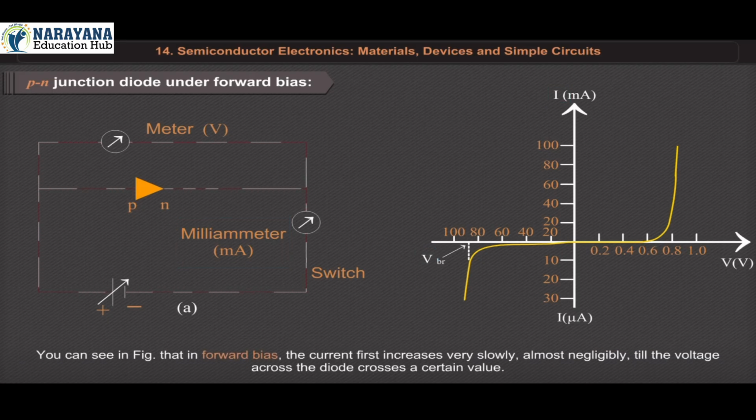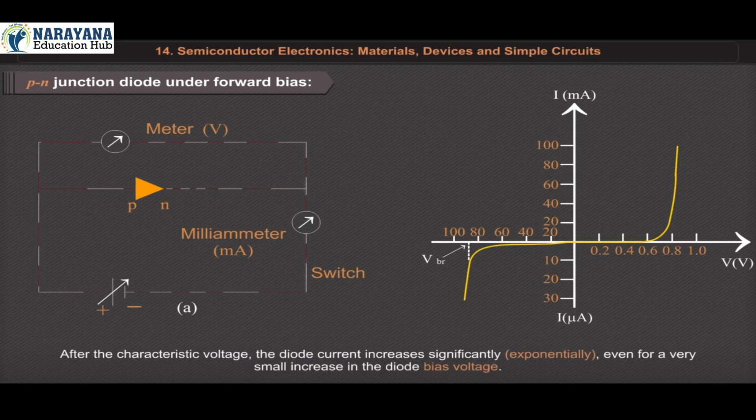You can see in the figure that in forward bias, the current first increases very slowly, almost negligibly, till the voltage across the diode crosses a certain value. After this characteristic voltage, the diode current increases significantly, that is exponentially, even for a very small increase in the diode bias voltage.